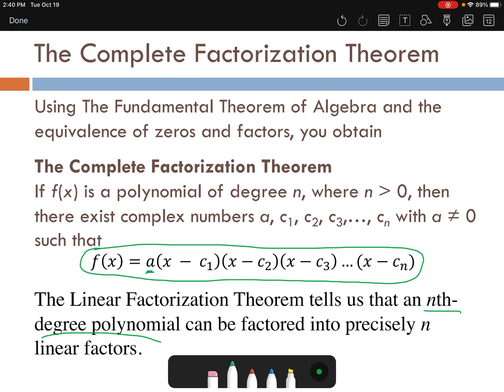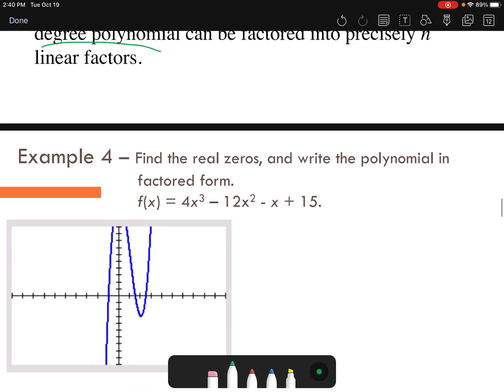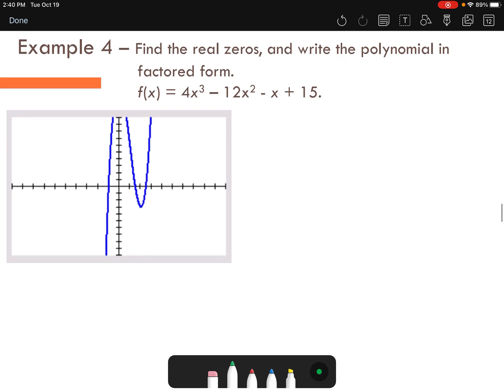And then, of course, we have that little constant that stretches it, flips it, or compresses it. So let's find, on example 4, the real zeros, and then let's write the polynomial in factored form. Notice this says factored, so we don't have to multiply it all out. Well, it's already multiplied out, sorry.